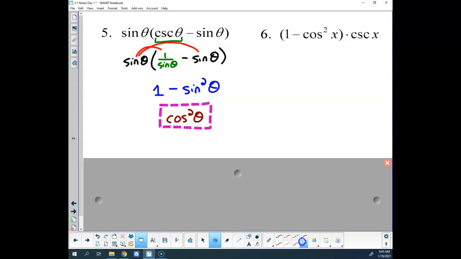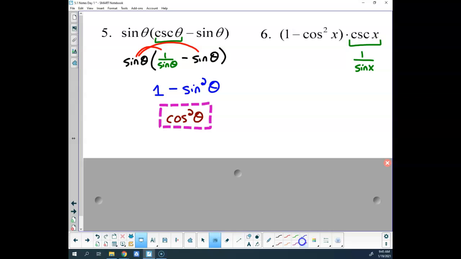Somebody give me a suggestion to start number 6. How would you start number 6? You could change cosecant to 1 over sine. Okay. Anything else?